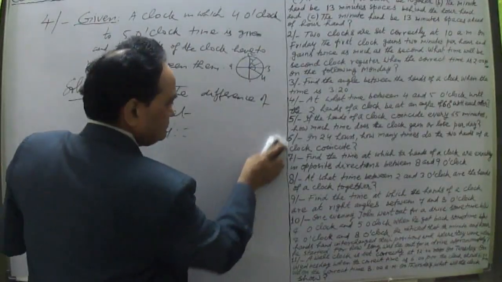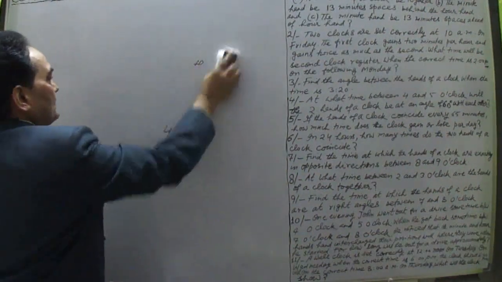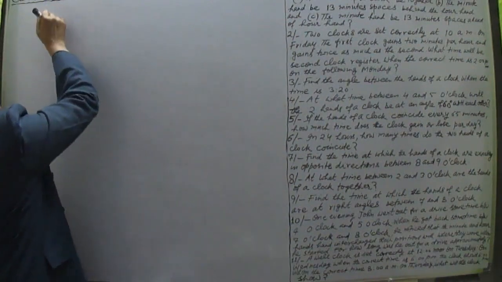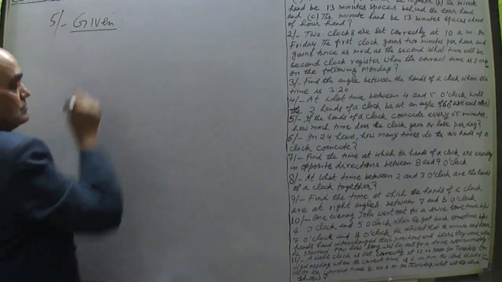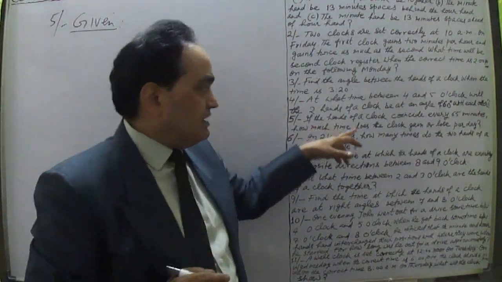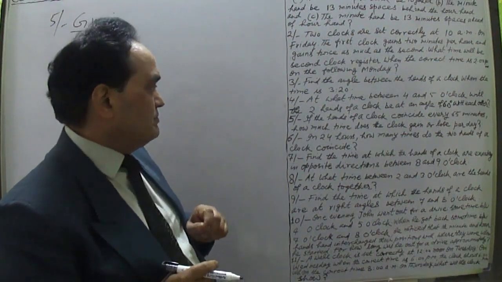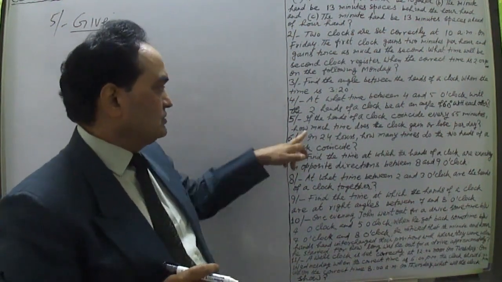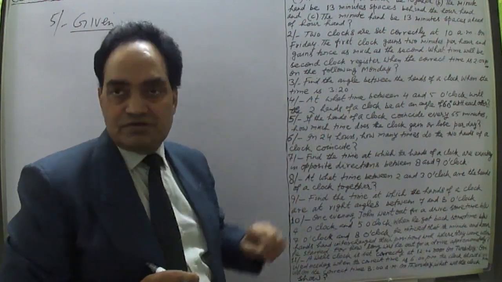Let us take question number 5. Now question number 5. What is given to us? It says if the hands of a clock coincide every 65 minutes, then how much time does the clock gain or lose per day?